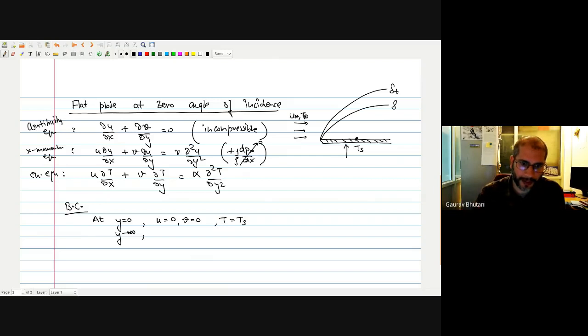It's an exponential variation, so it's an asymptote. So at y tends to infinity, your u is equal to u free stream, and your temperature is equal to t free stream. So this is the system of equations that we have, the three partial differential equations: the continuity, x momentum, and the energy equation. They're subject to these boundary conditions.